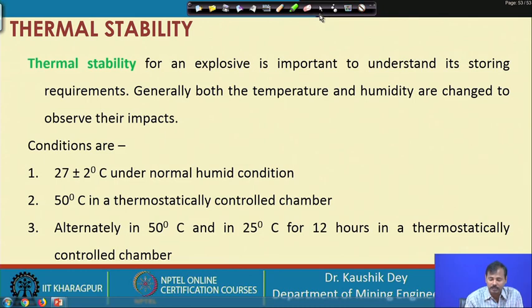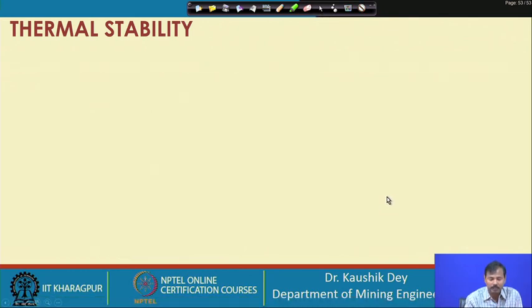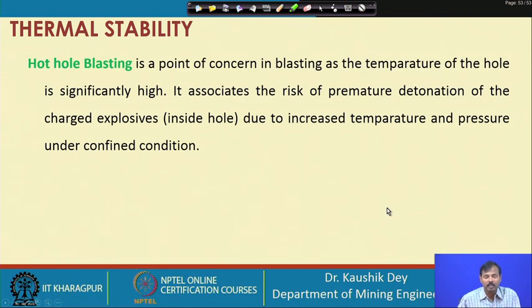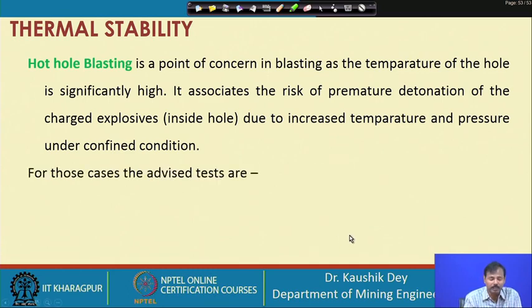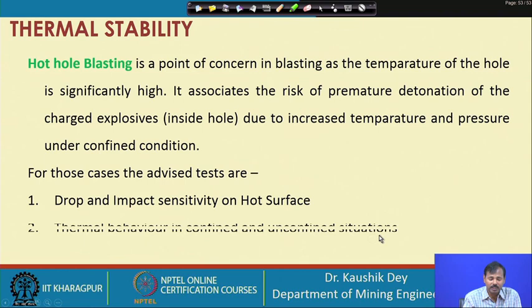So, using this we try to check the thermal stability of the explosive. But there is another, this is of the stored explosive, but there is another point of concern about the thermal stability of the explosive, where hot hole blasting is being carried out. So, first we should understand what is called hot hole blasting.